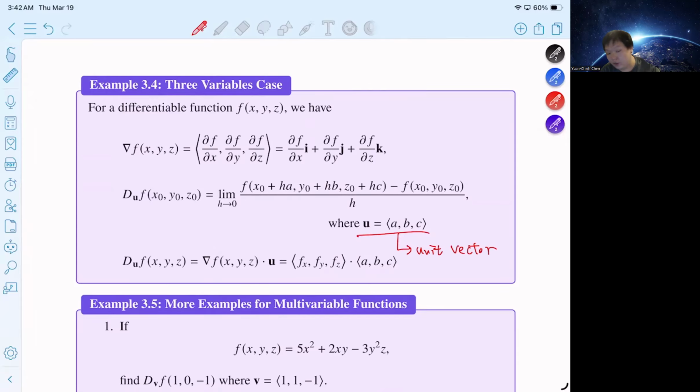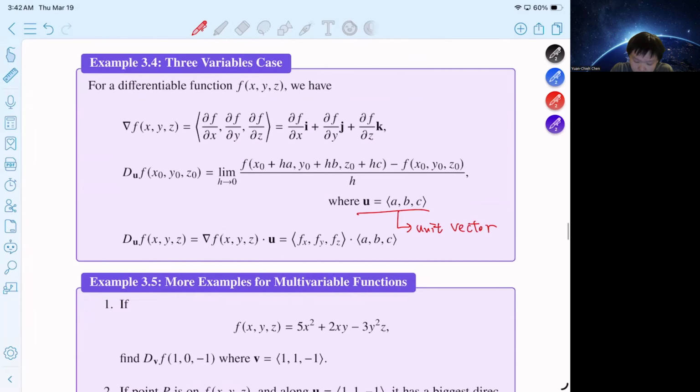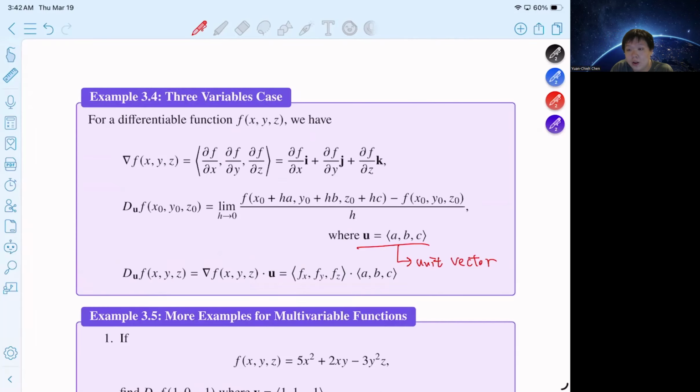If it's differentiable, then the directional derivative is the gradient dot the direction. We use the exact same definition. And recall that the maximum of the directional derivative is the magnitude of the gradient, and that happens when they are in the same direction.